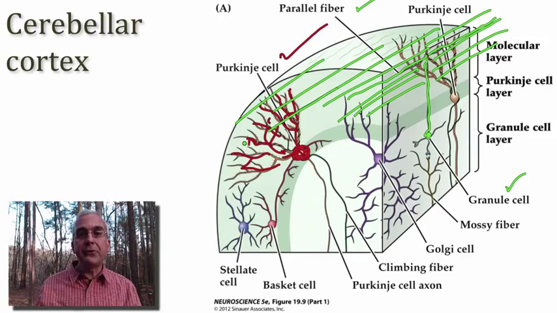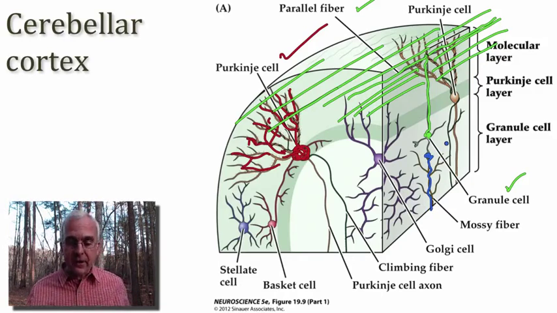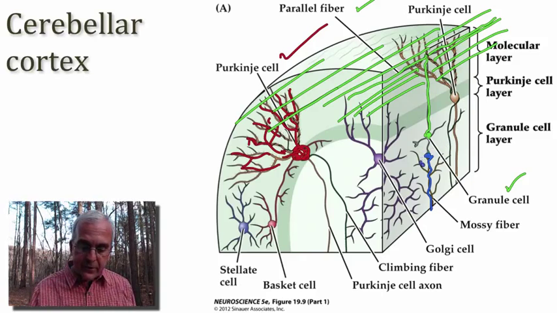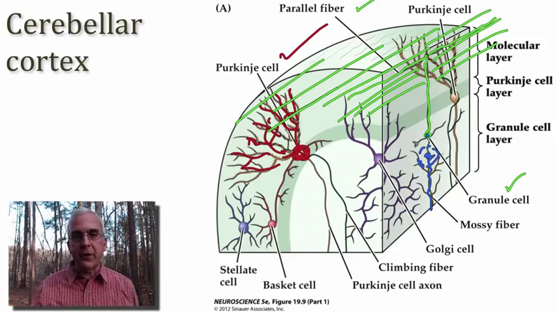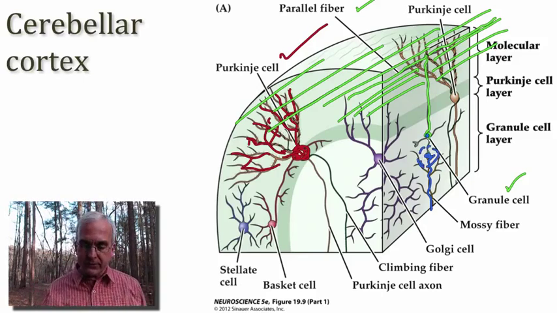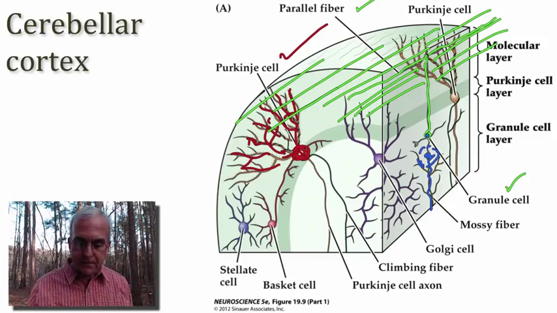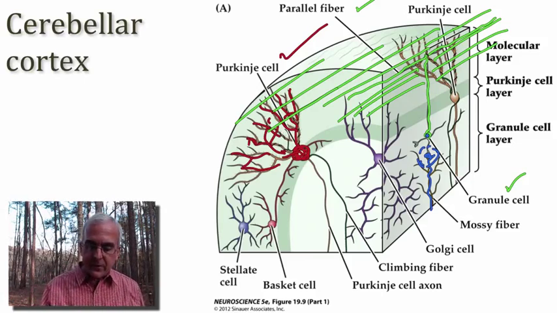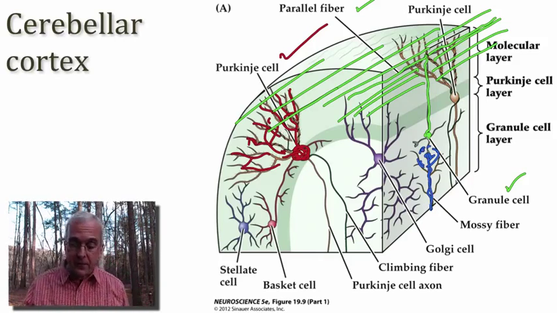Now, the granule cells are getting input from mossy fibers. So here's a mossy fiber that's growing in, and it's making synaptic contact in a very particular morphological structure that we call a glomerulus here, and there are other interneurons involved as well that I won't take the time to mention. For now, I'll just emphasize that the mossy fiber, and again, that's all the inputs to the cerebellum except for that special inferior olivary input.